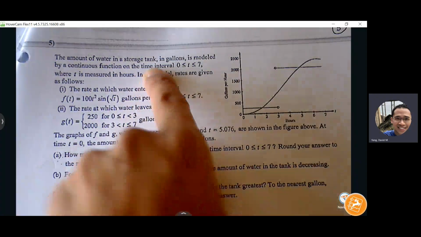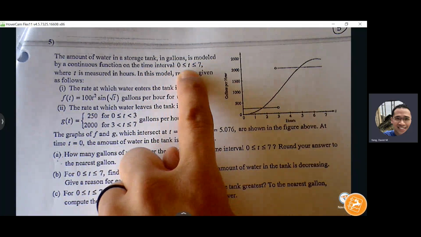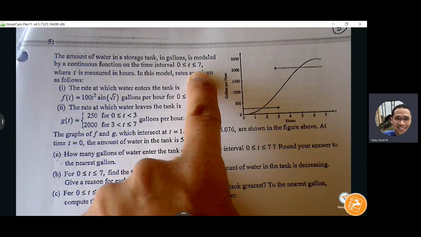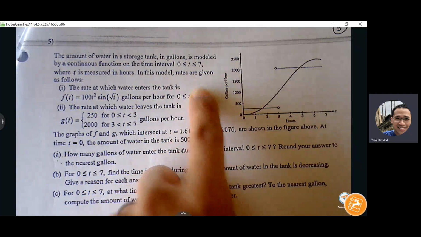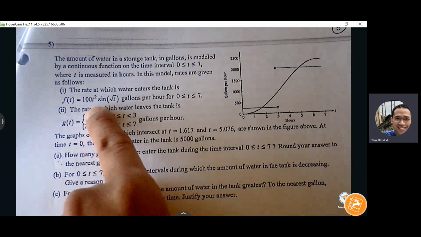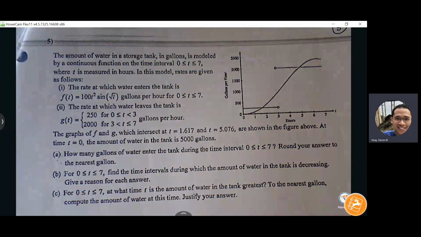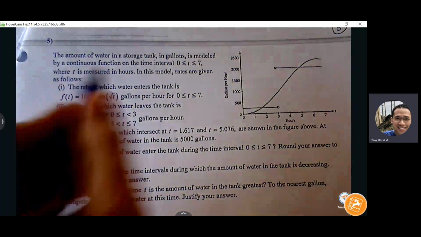Okay, so the amount of water in a storage tank is modeled by a continuous function on the time interval between 0 and 7 hours, where t is measured in hours. In this model, rates are given as follows. The rate at which water enters the tank is given by f of t. Now this is gallons per hour. They like to give these problems where everything is a rate.